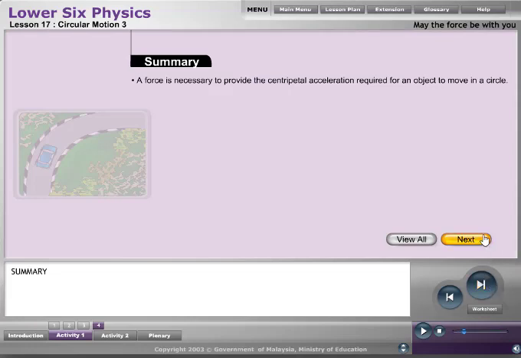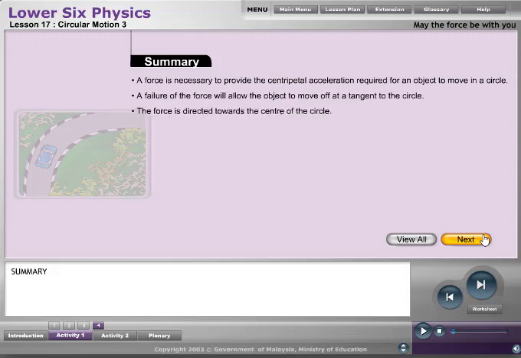Summary: a force is necessary to provide the centripetal acceleration required for an object to move in a circle. A failure of the force will allow the object to move off at a tangent to the circle. The force is directed towards the center of the circle.